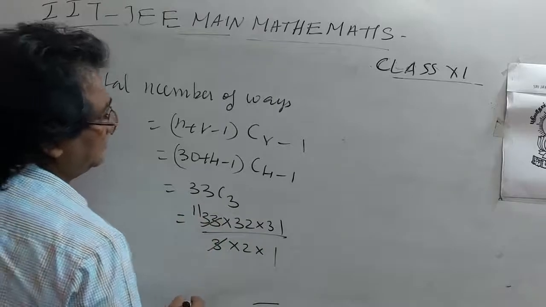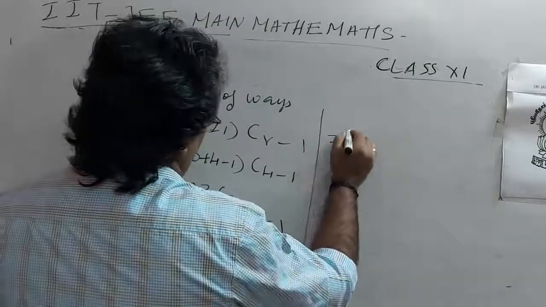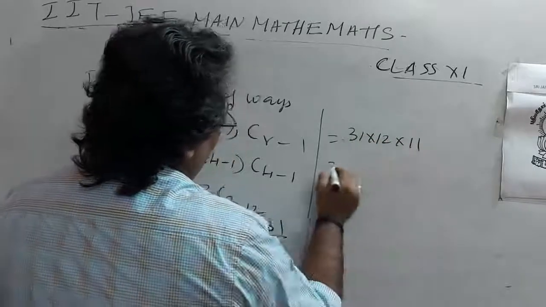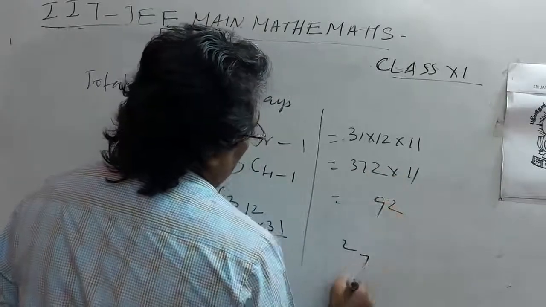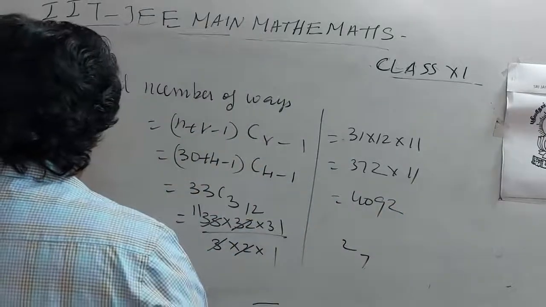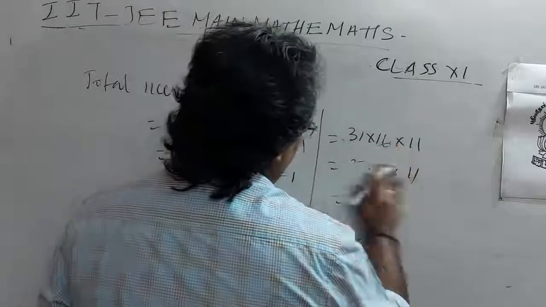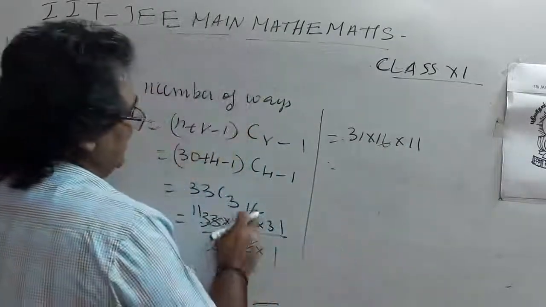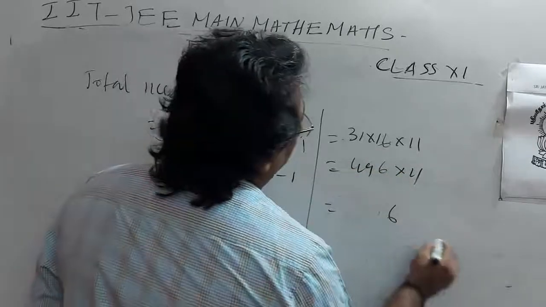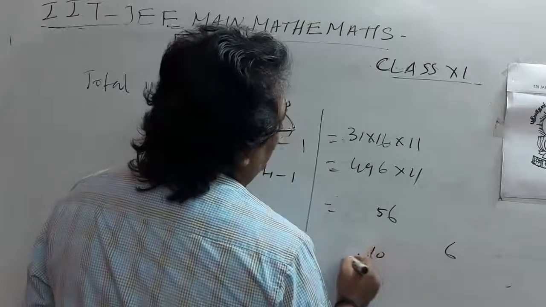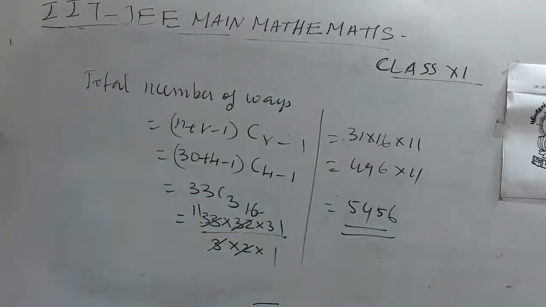It's 11 times, here 16 times 32, so 5,456.